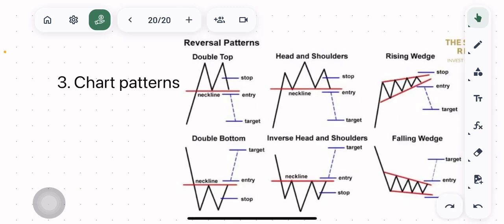Now let's go to the third one. The third one is what I call chart patterns. We have 3 classes of chart patterns. We have the reversal chart patterns, the continuation chart patterns, and the bilateral chart patterns. The continuation chart patterns signify that price wants to continue in the same direction.